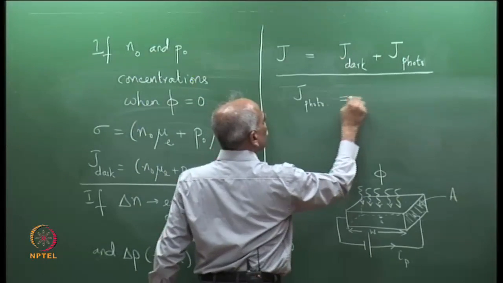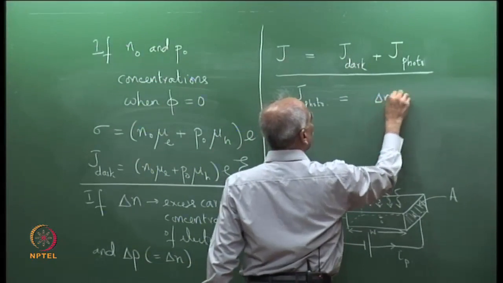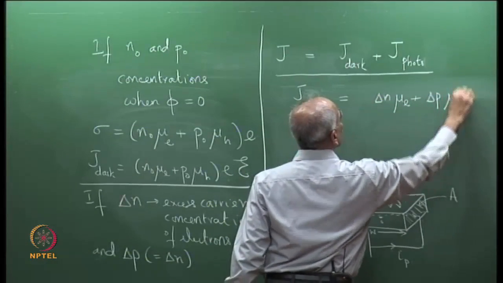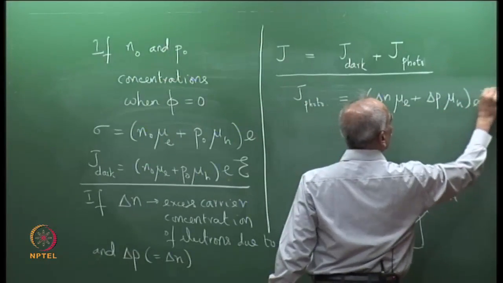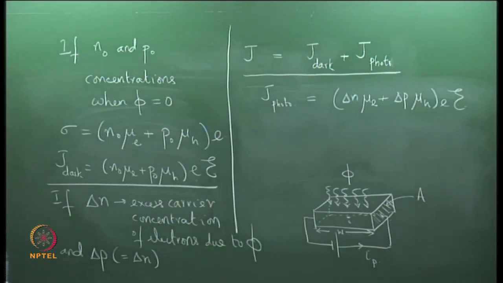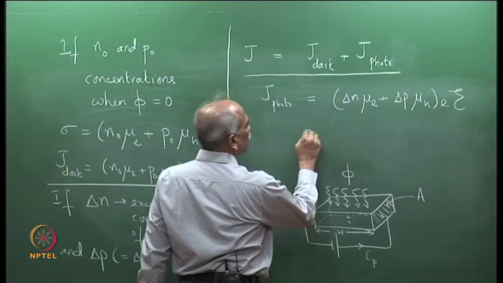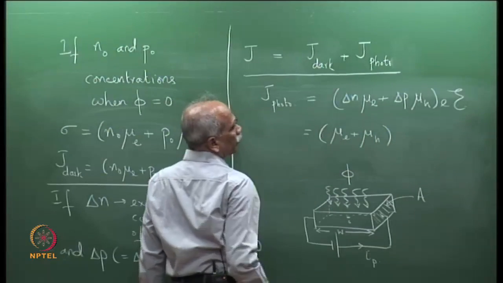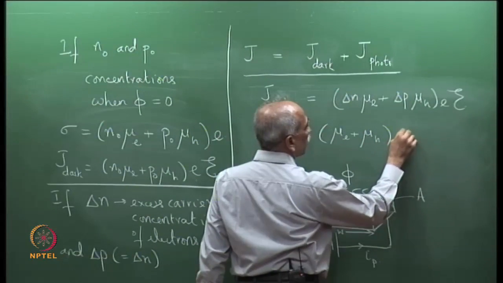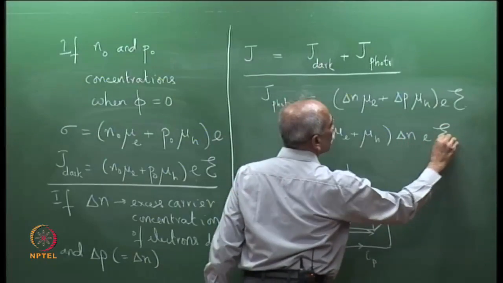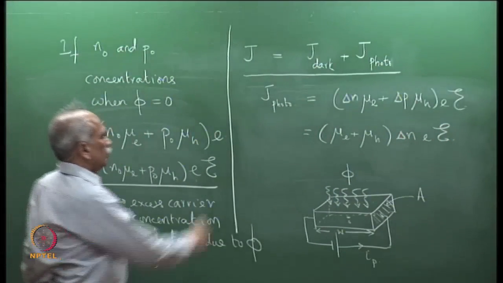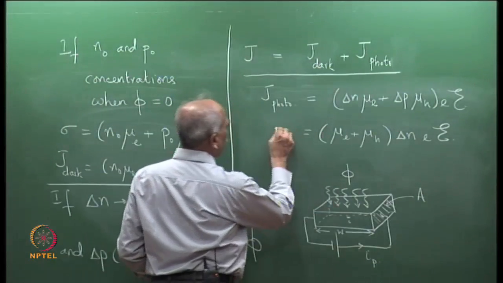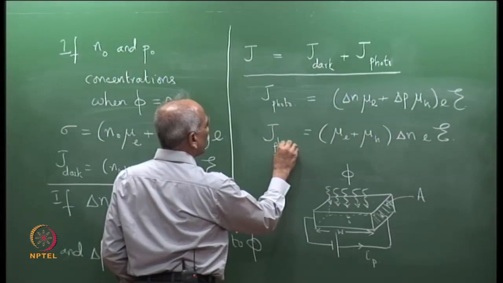So, J photo is equal to delta n into mu e plus delta p into mu h into E. But delta n is equal to delta p, and therefore, this is equal to mu e plus mu h into delta n, e into E. And therefore, my final interest is to determine the photocurrent. Okay, let me come back to it in a minute.